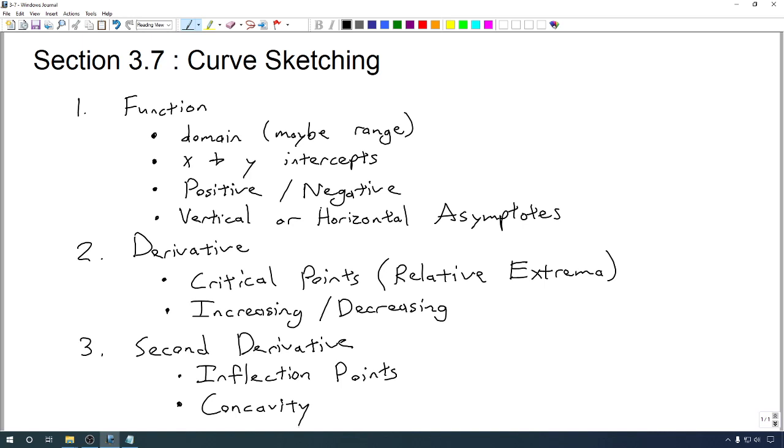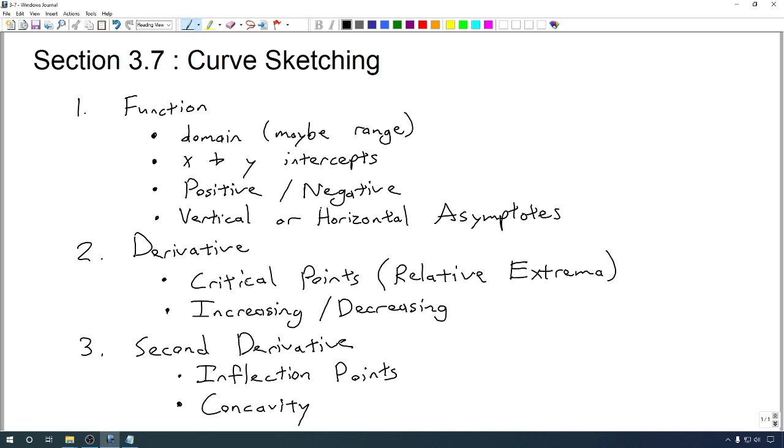So you can kind of note here that we are repeating some of the processes each time. When we're actually looking at where the function either doesn't exist, or it hits 0, we're looking at what its domain is, and we're looking for the x-intercepts. And then we can use those ideas to see where it's positive or negative.